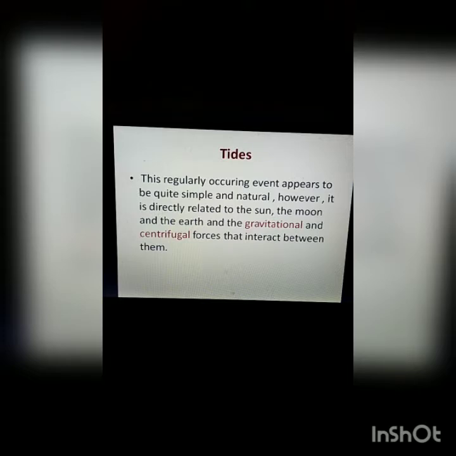High tide and low tide are simple and natural, but directly related to the sun, moon, earth and gravitational and centrifugal forces. Now we will learn what gravitational force is and what centrifugal force is.